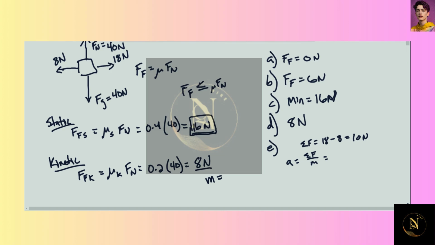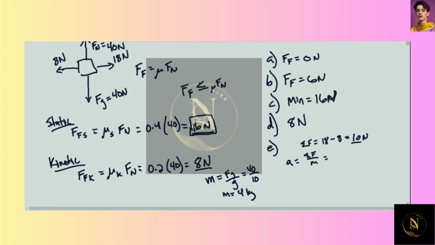Because mass is Fg over g, because the weight is mass times g. So if I want to solve for mass, I can divide by g. So the mass would be 40 divided by, I'm just going to use 10 instead of 9.8. So that means the mass is 4 kilograms.